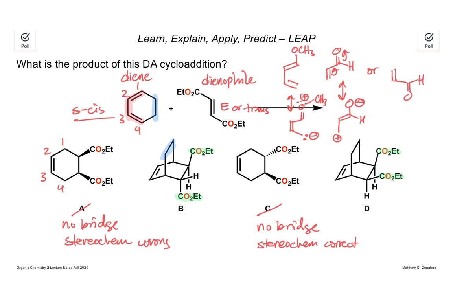So I can show this sort of stepwise, even though it doesn't happen this way. I'm just using the resonance structures to help guide us. Negative is attracted to positive. This negative comes down to reform the carbonyl. This pi bond hops over.